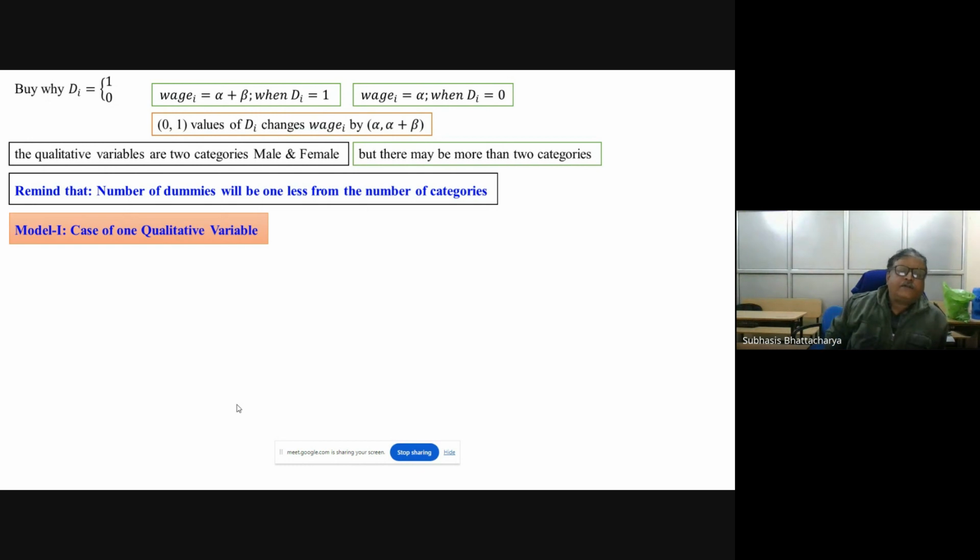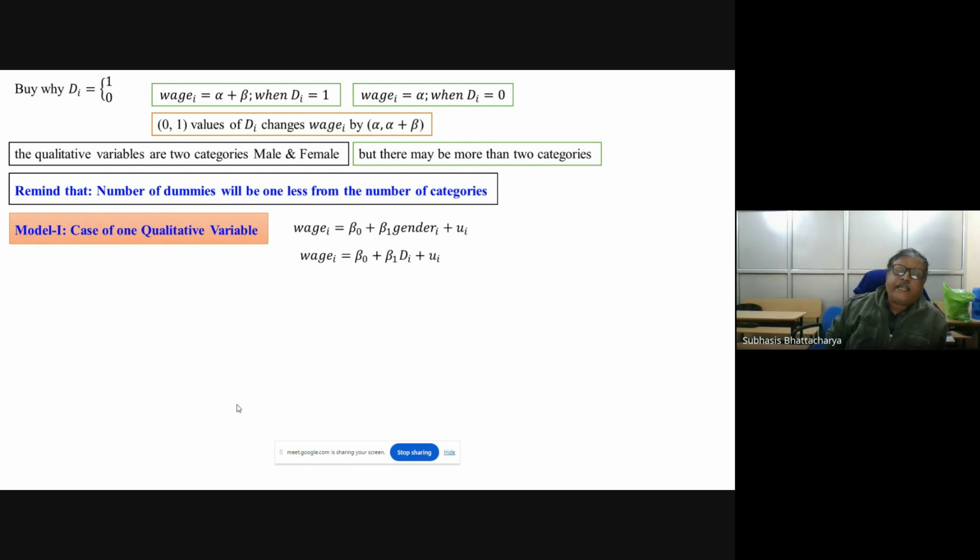So now I am going to the discussion of male wage and female wage. First consider the model we discussed earlier, with one qualitative variable. Wage is equal to beta 0, the intercept term, plus beta 1, the slope term, times gender, plus some unobserved error term.